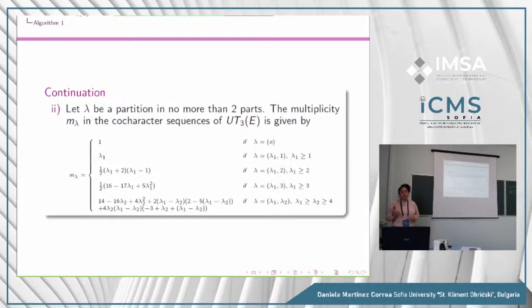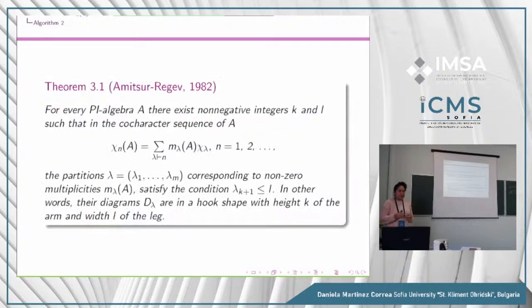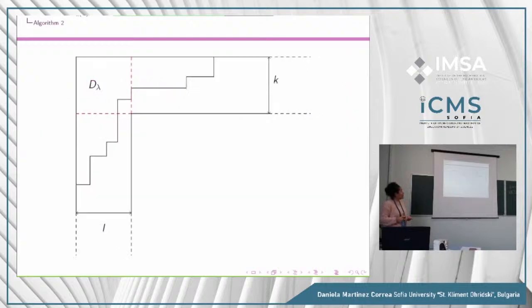And this is method 2. Okay? So method 2 is based on two results. The first result is by Berele and Regev. It says that if you have a PI algebra, then there exist non-negative integers K and L such that if n lambda is different from 0, this implies that the diagram of lambda is contained in a cube of this form.